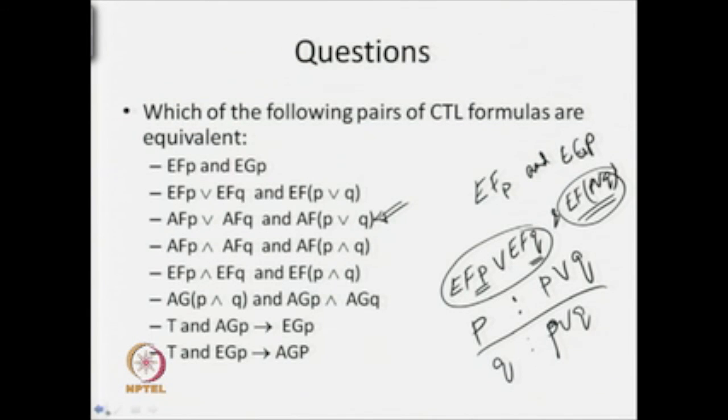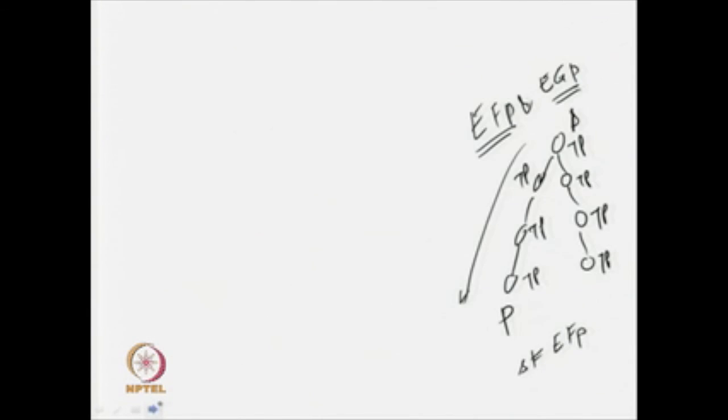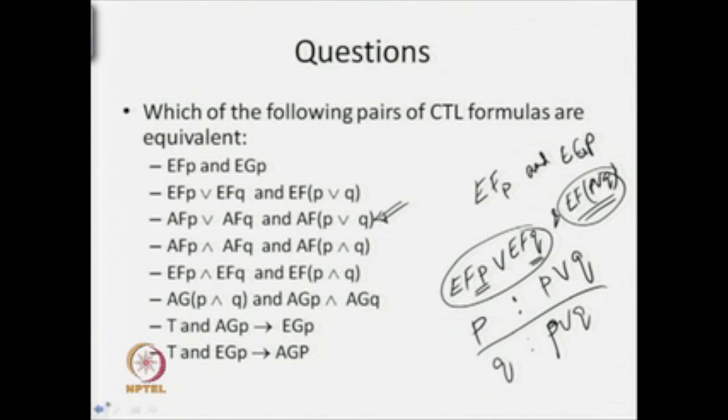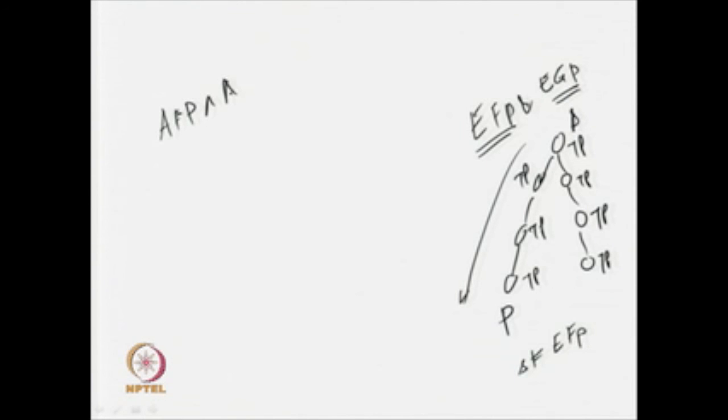So, we have AFP and AFQ as the first formula, and AF(P and Q) as the second formula.